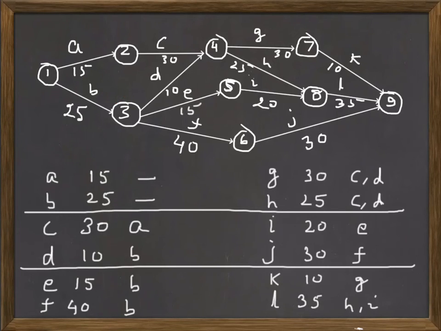And there has to be only one end node. So if at the end you find that there are more than one nodes open, then you need to connect them to one end. And if immediate predecessors are right, then your network diagram is also right.